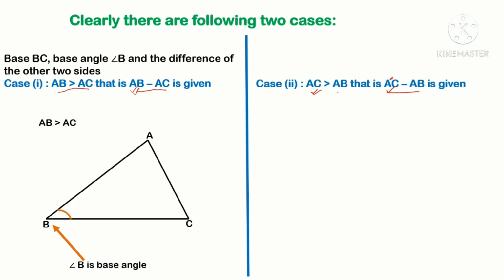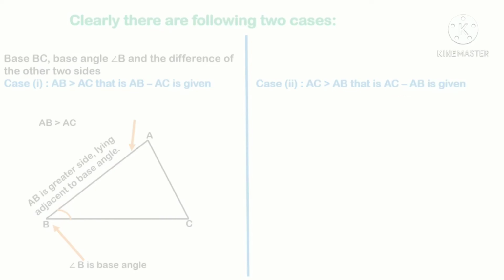Again, we need to focus, angle B is the base angle, and since AB minus AC is given, that means AB is greater than AC and this side AB is lying adjacent to the base angle. So this is case 1. Understood the case? Let's see the question.